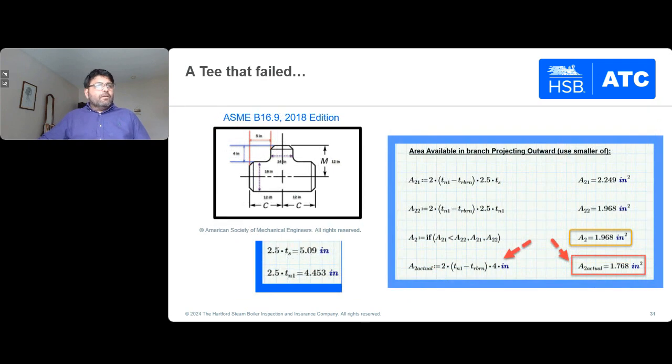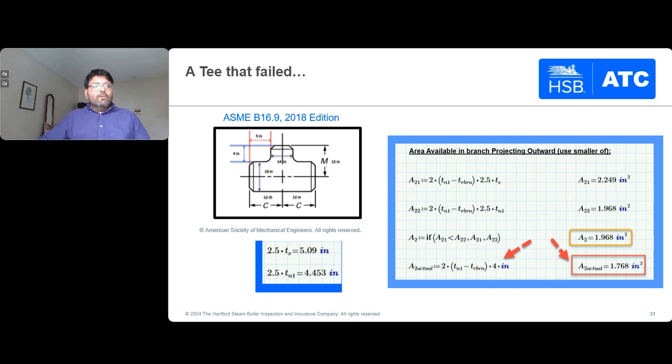A similar story when it comes to the area available from the nozzle wall. Again, the extension here is about 4 inches. I would need to compare that with the code required extensions in terms of the limits. In this particular case, I have to take the minimum of these two numbers. So that would be 4.4 comparing with 4. So a similar adjustment or modification is needed for the available area from the nozzle wall.